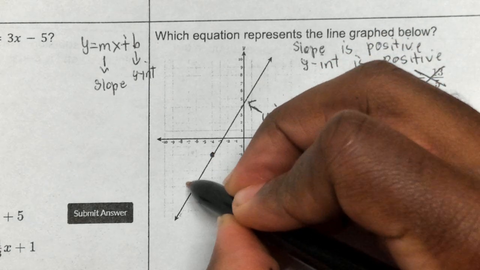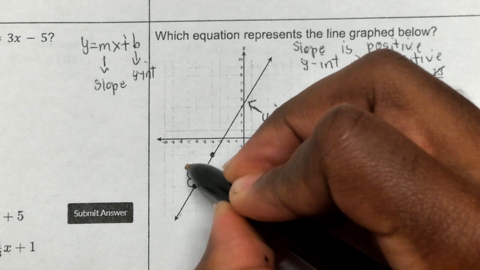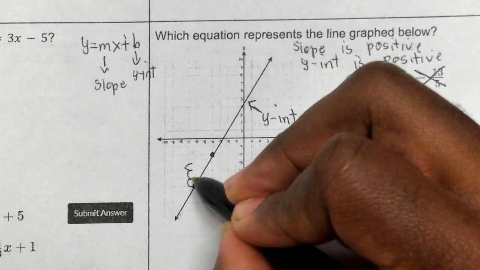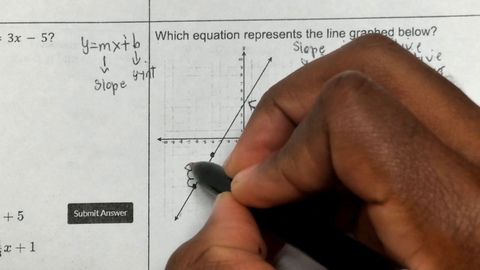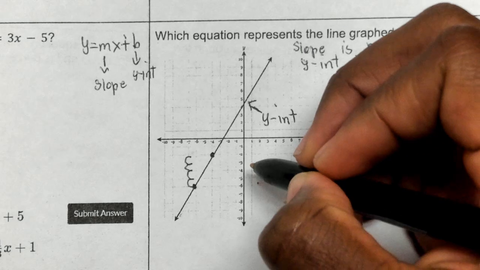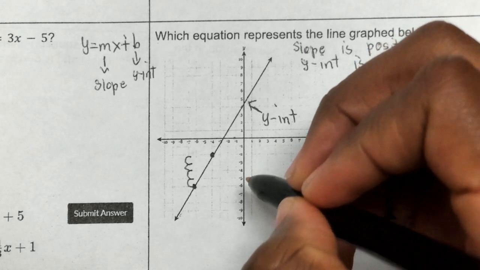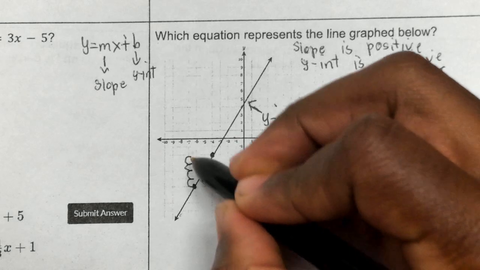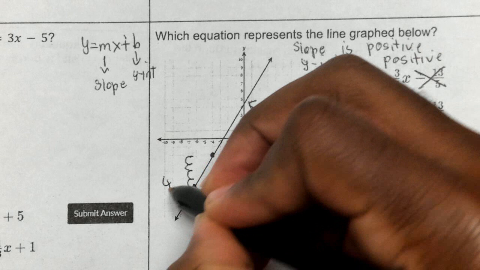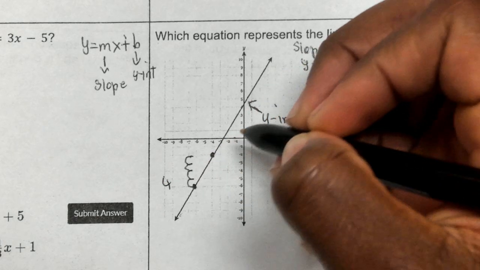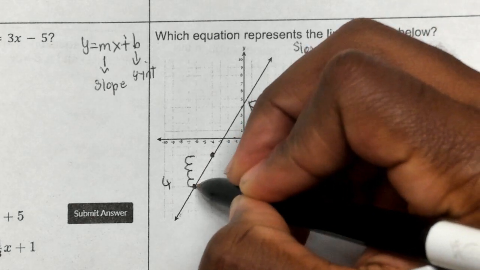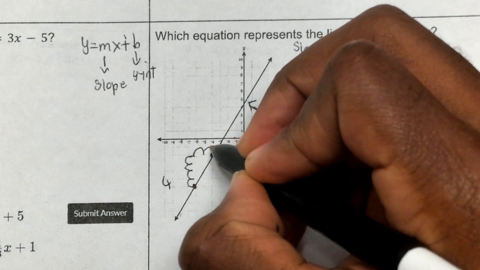Well, we would go up 1, 2, 3, that looks like 4 times, I believe. This isn't perfect, so I'm just going by what I can see. So that would be a positive 4. Then I would go to the right, so that's at -6. Yep, -6. Then I'll go to the right, 1, 2.